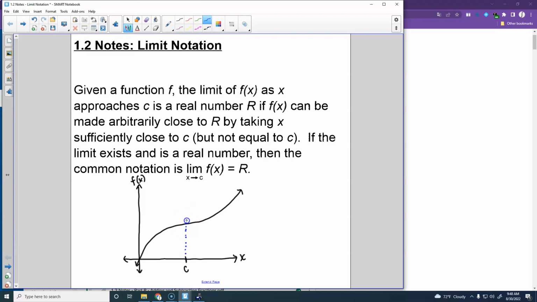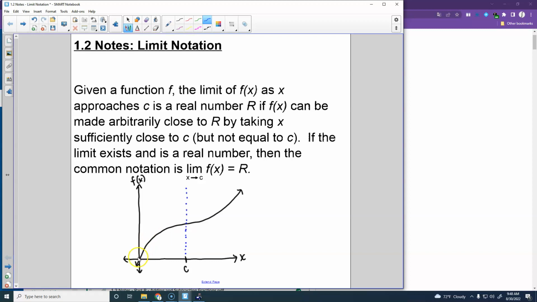So what that looks like, a lot of times when we were doing limits, which you got like a crash course in limits, we didn't, neither semester did I spend enough time on limits, but it's okay because we'll do it in this class. So what we're looking at is as our x value gets closer and closer to c, can be from either side, does our y value, our f of x value, get closer and closer to a value.